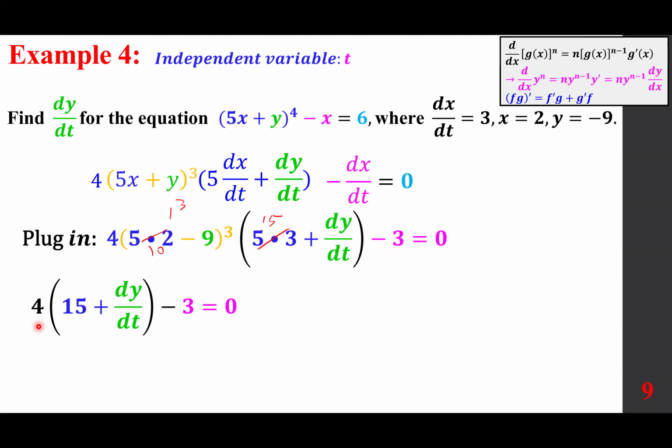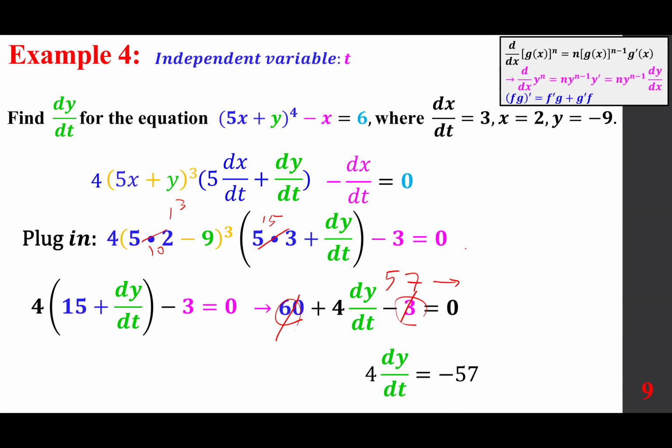The product is 60 plus 4 dy/dt minus 3 equals 0. 60 and -3, they add up to 57. And you move it, you make it -57 on the right, and finally divide by 4. dy/dt is -57/4 as the final answer.